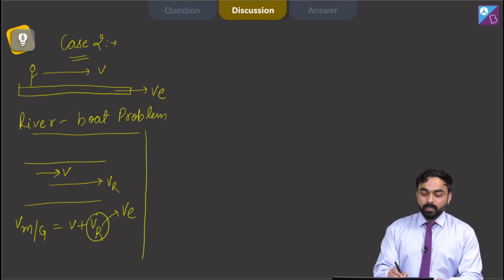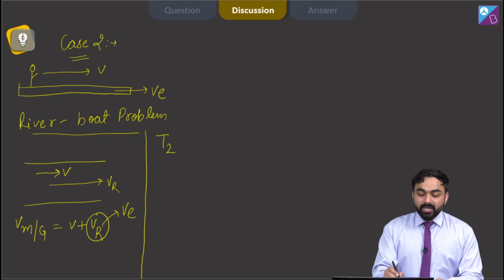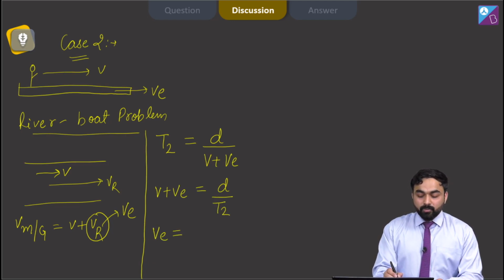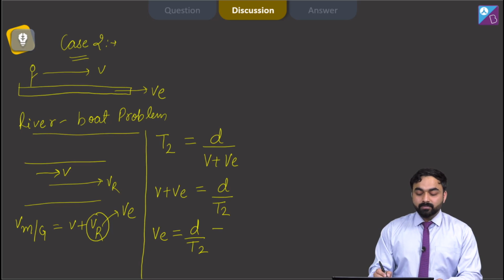So for case number 2, T2 can be written as d over v plus ve. This will give me v plus ve is equal to d over T2, and ve will come out to be d over T2 minus v, and I know that the value of v is d over T1.